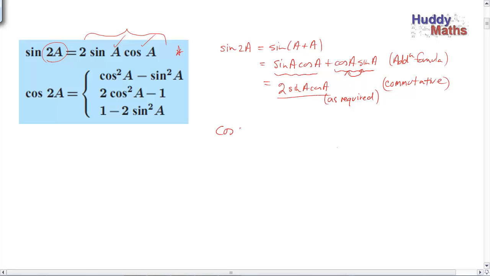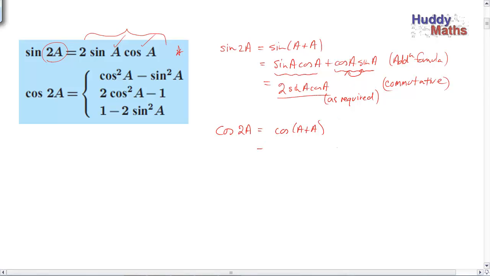Could you do it in a similar way? What would we say? That's the cos of a plus a. Is that right? Okay. What I want you to do is to pause the presentation and have a go. You'll need the addition formula for cos of a plus b now.